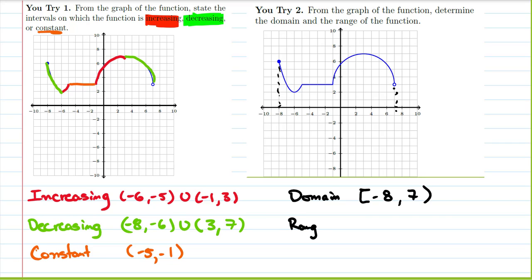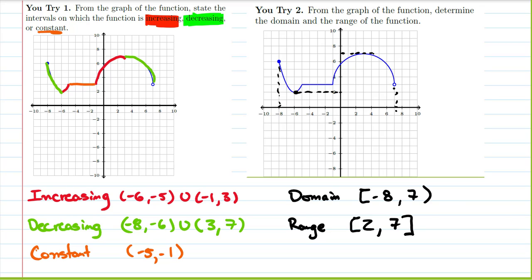And then we have our range. We need our smallest y, which is going to be here. So it's going to be 2 to our largest y, which is going to be up here at 7.